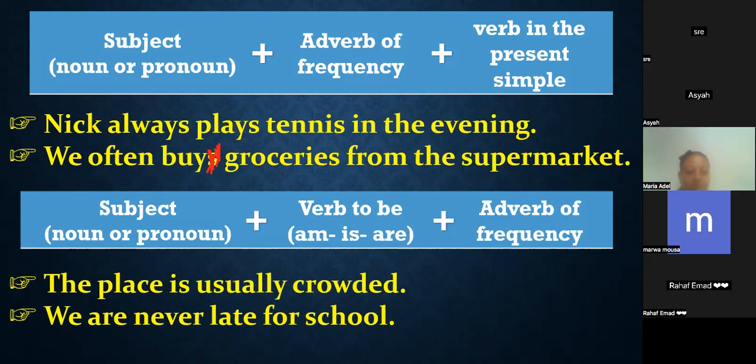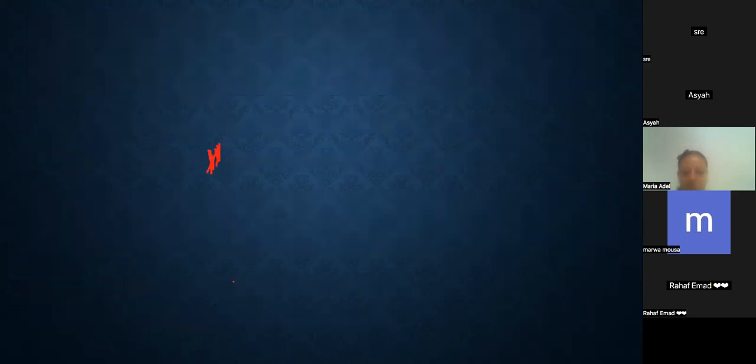We're never late for school. As you see here, the adverb of frequency, here never, is after the verb to be. Is this point clear? The adverb of frequency comes before the main verb, but after the verb to be.